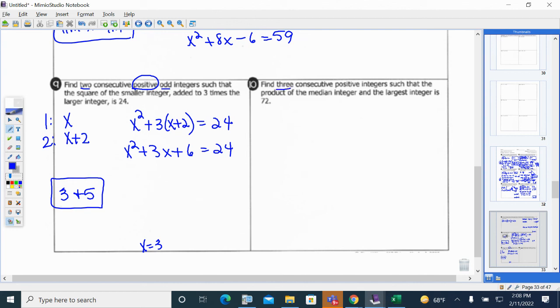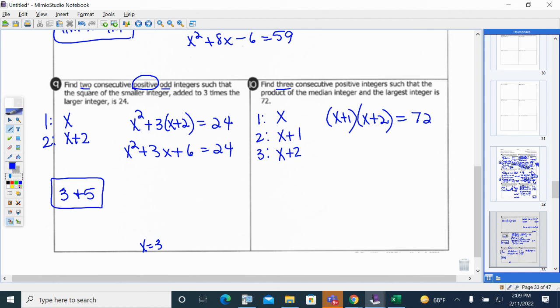I only need the first 3. Again, the first one is always going to be x because we're looking for consecutive: x, x plus 1, and x plus 2. Set up the equation such that the product of the median, which is the middle, and the largest is 72.